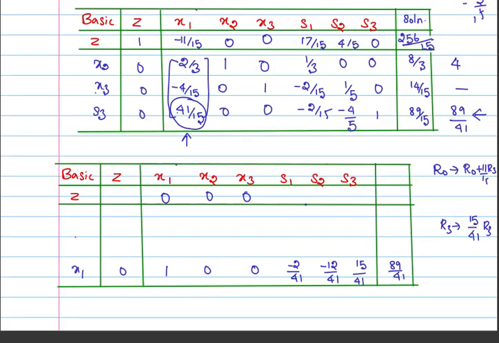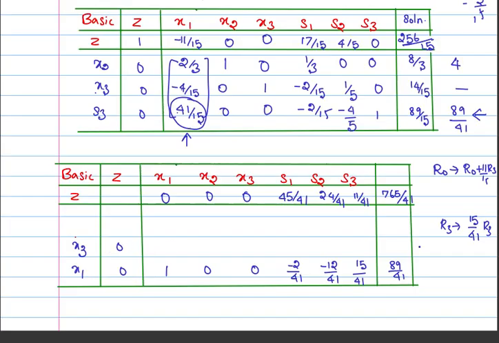So 2 divided by 1, you will get 45 divided by 41. Here you will get 24 divided by 41. Here you will get 11 divided by 41. Maximum here you will get it as 765 divided by 41.